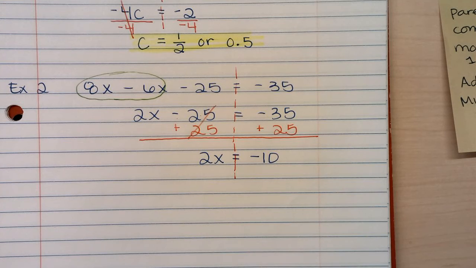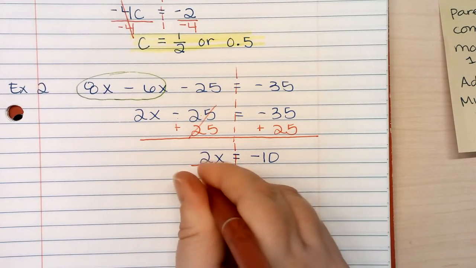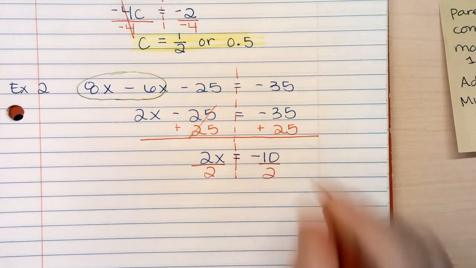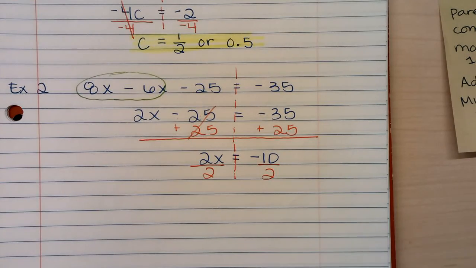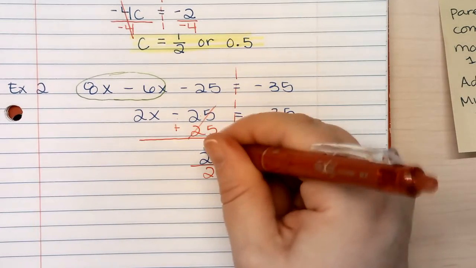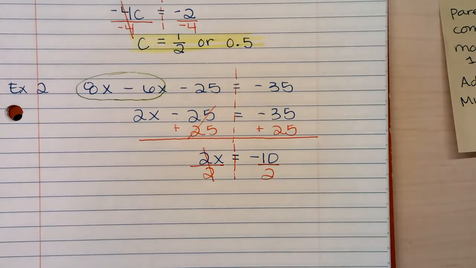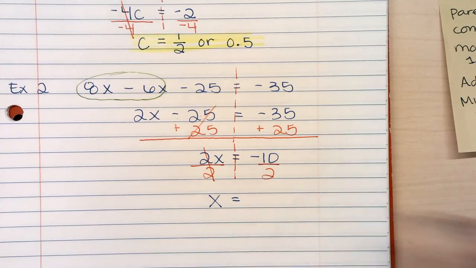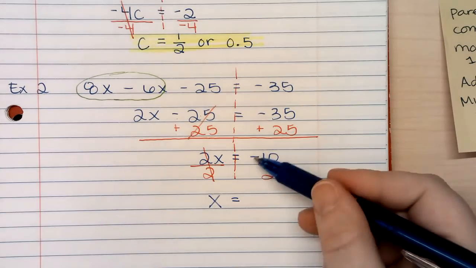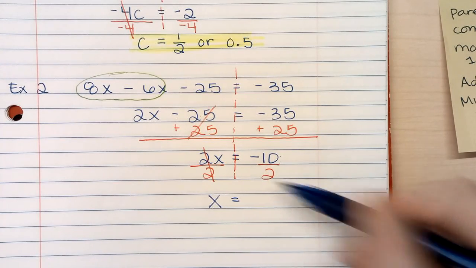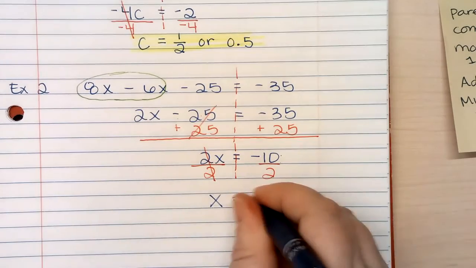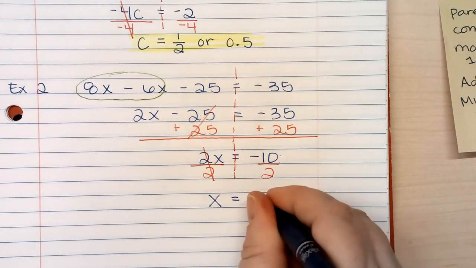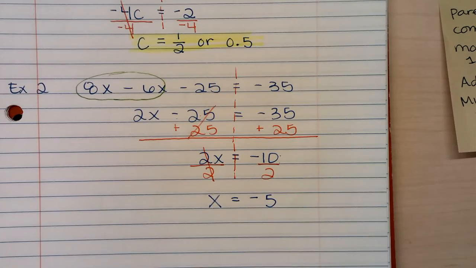This says 2 times x, so I know I need to divide by 2. 2 divided by 2 is 1, so we're just going to cancel it out because we don't need to write 1x. 1x is just x equals negative 10 divided by 2. We know we'll have a negative number, and this is negative 5. And you have solved for x.